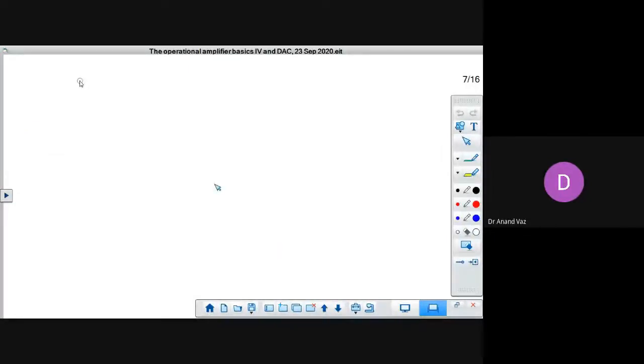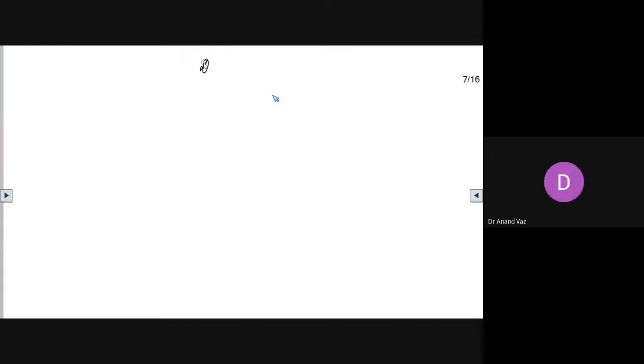So here we are going to see digital to analog conversion. Sometimes we don't write this "UE", depends on which system you're following. So, digital to analog conversion.